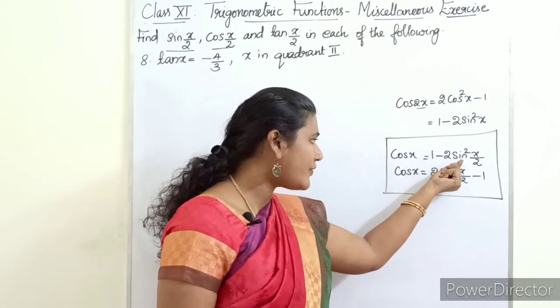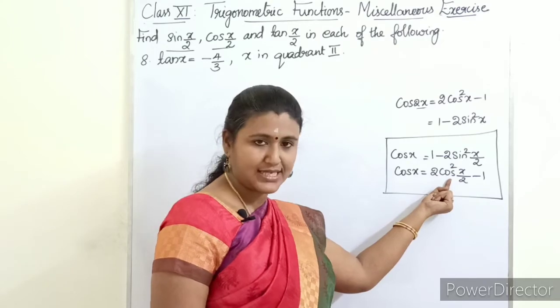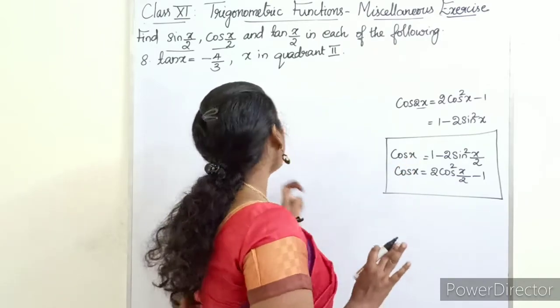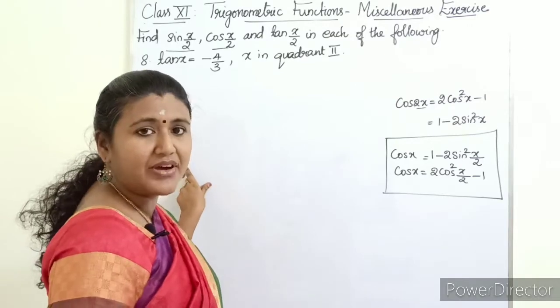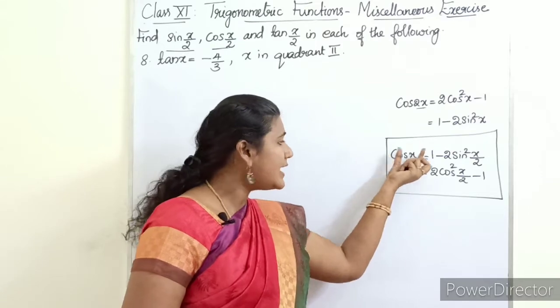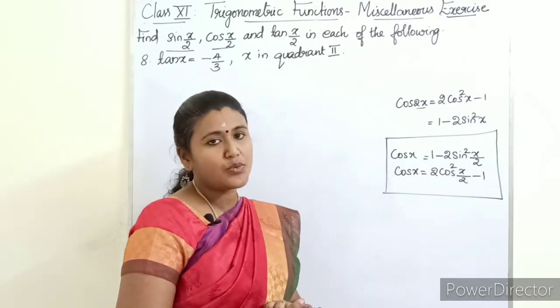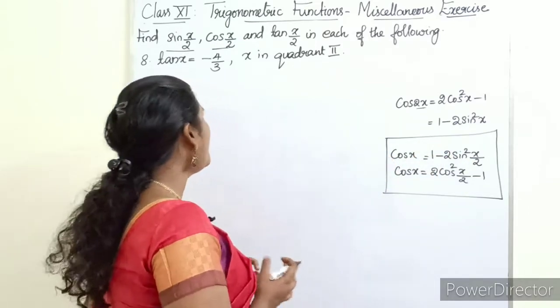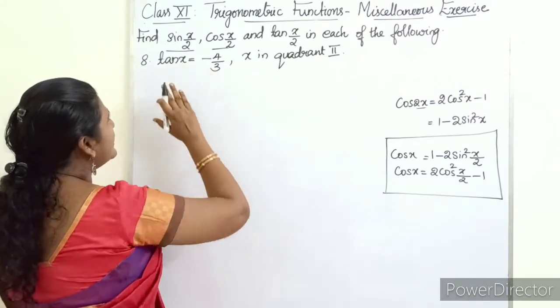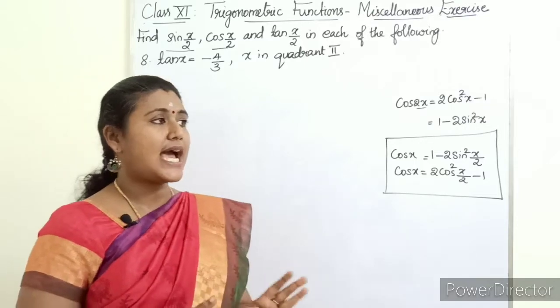If you want to find sin x by 2 and cos x by 2, you need the cos x value. Whatever trigonometric ratio is given, from that you have to find the cos x value only. Then only you can find sin x by 2 and cos x by 2. Now we will see how to find this. What is the identity between tan and sec?